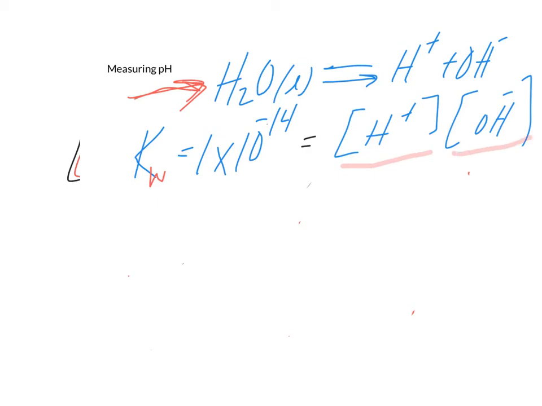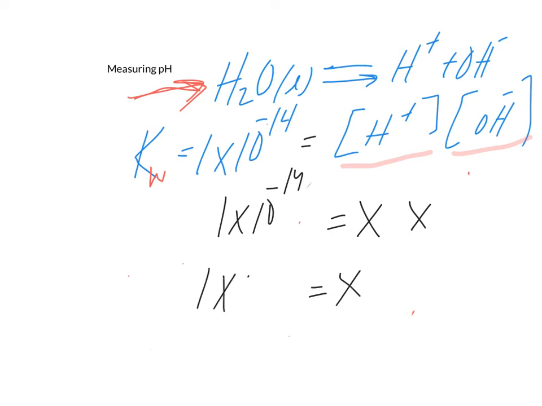So if I use a little equilibrium expression and H plus and OH minus are equal, I can say that X times X has to equal 1 times 10 to the minus 14, or X squared has to equal 1 times 10 to the minus 14. Using my calculator, I can find out that X is equal to 1 times 10 to the minus 7.